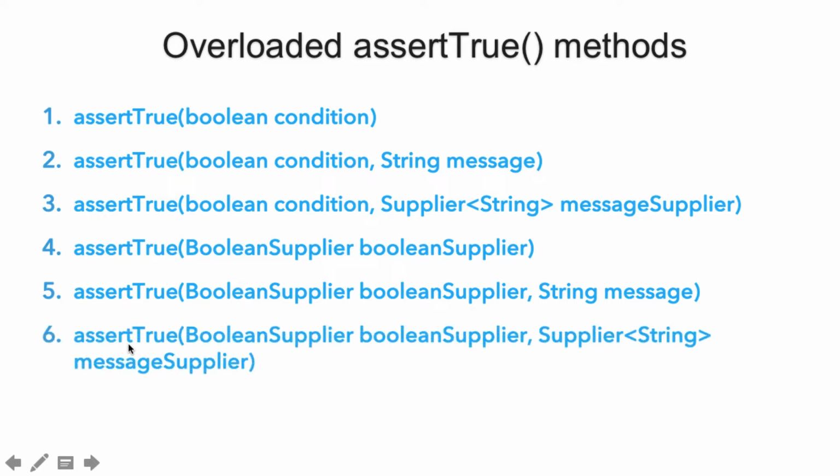The last assertTrue method is pretty much similar to the third one, with the only difference that here we are providing a BooleanSupplier along with the Supplier interface. Functionality-wise they work the same, and the two basic differences are that using the Supplier functional interface we are lazily evaluating the string message, and using the BooleanSupplier we are simply using Java 8 features.